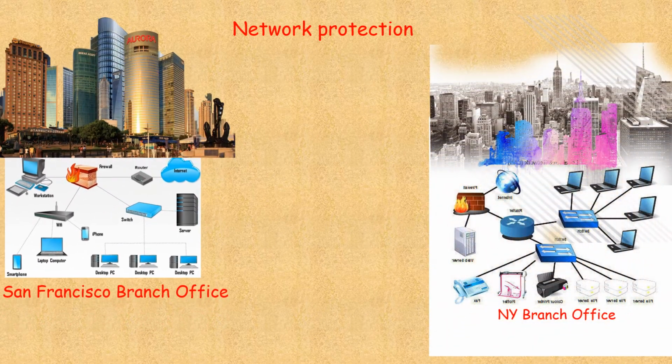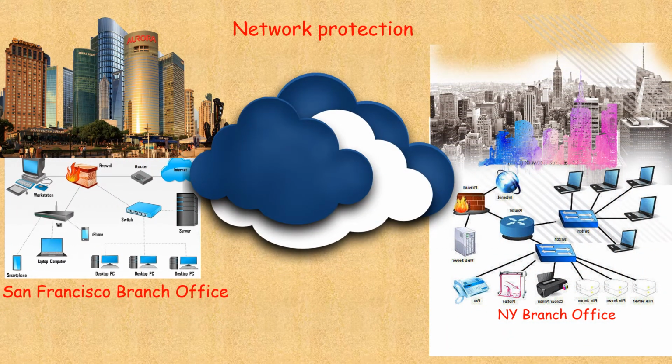Now, after we built our network using the switch, then connected it to the internet through the router, our network became exposed to the internet, and we can access our PCs from anywhere in the world.